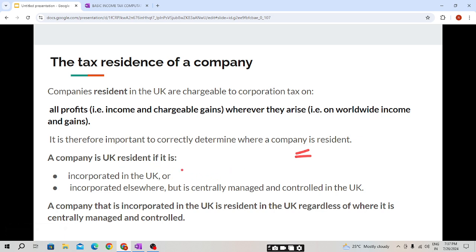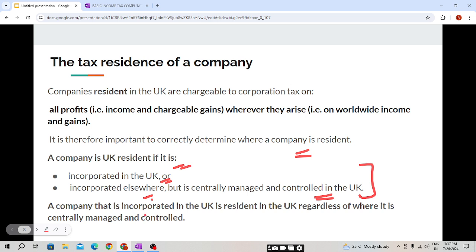A company is UK resident if it is incorporated in the UK, or incorporated elsewhere but is centrally managed and controlled in UK. Such a company will be a UK resident.